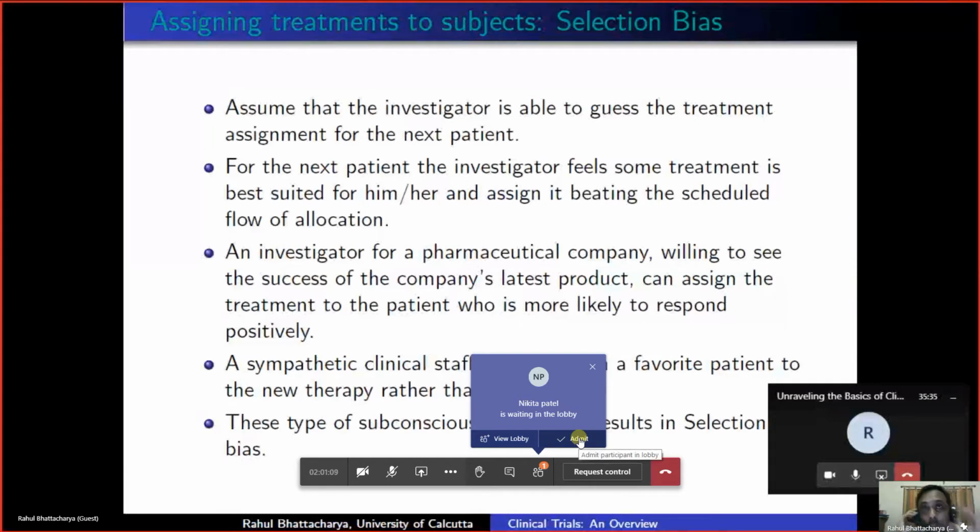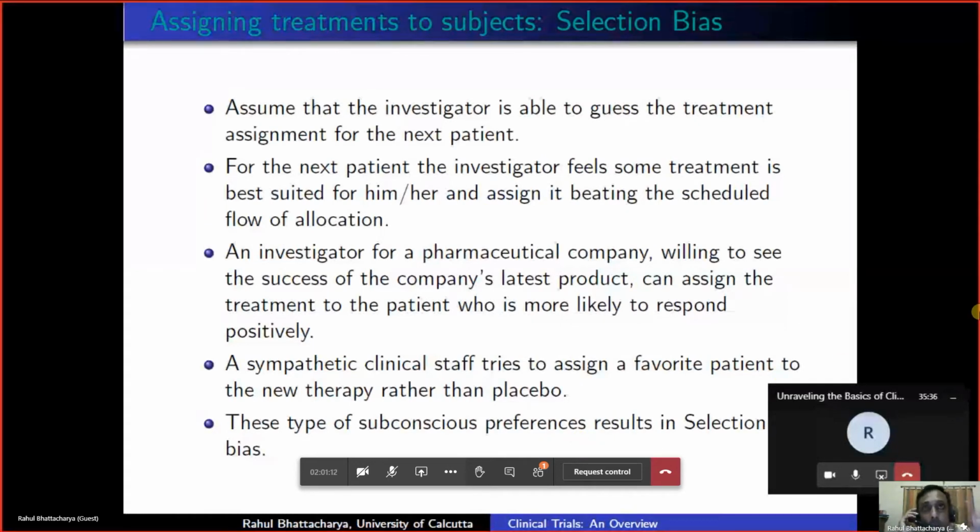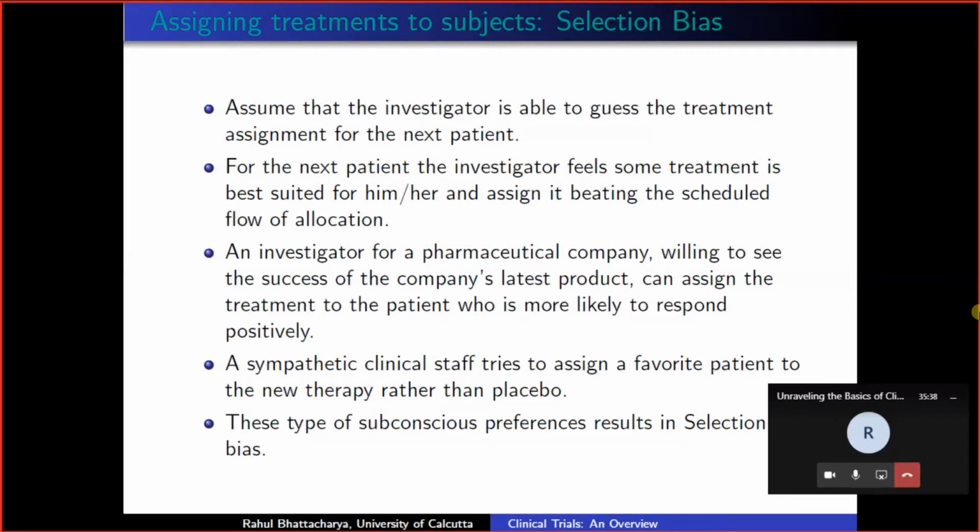So I find some people who are healthy, and the intensity of the disease is not so high for those people. So I assign my company's drug to those people, and naturally, if they are not ill enough, they are more likely to respond positively. So this will give me some data which will show that my company's drug is successful in alleviating the disease.